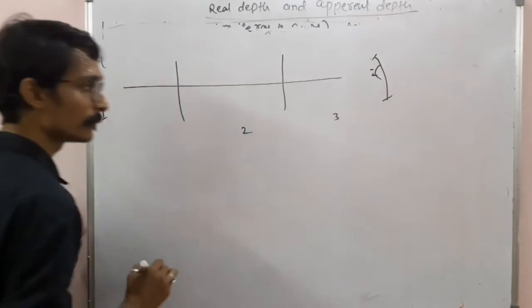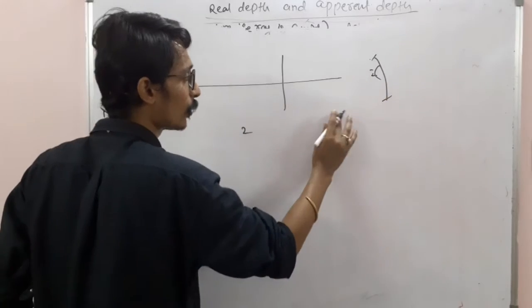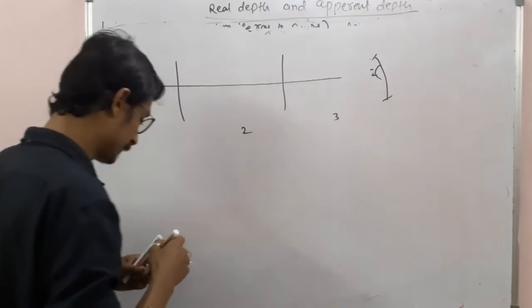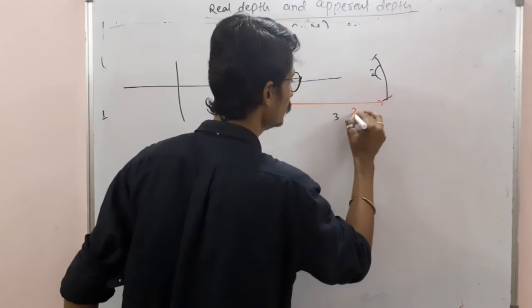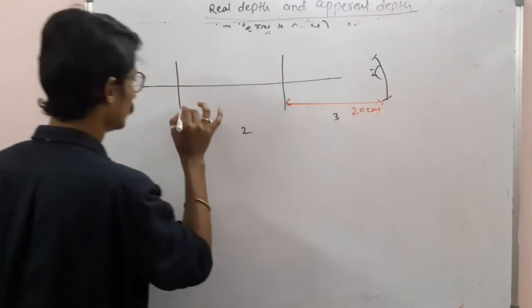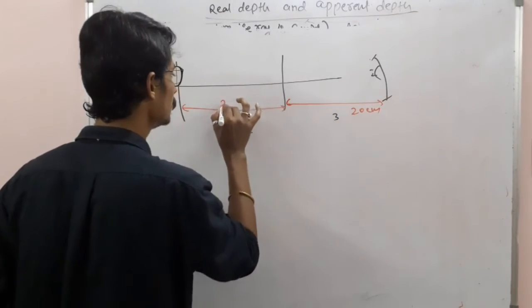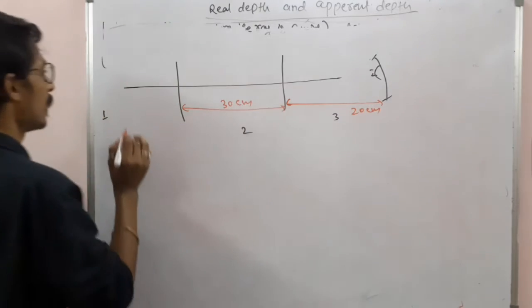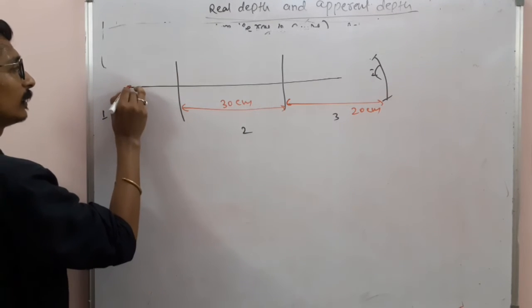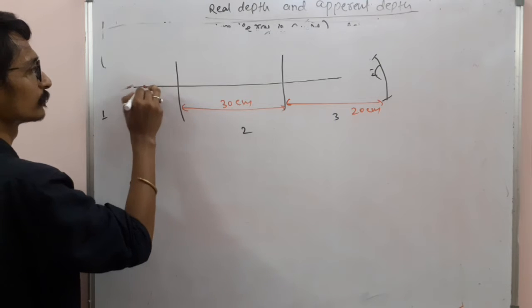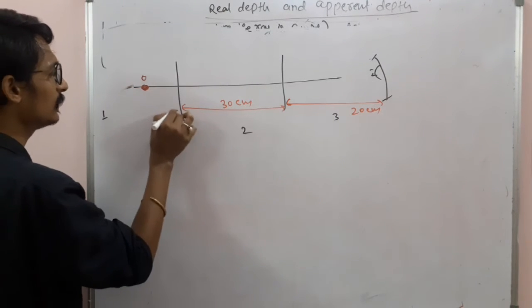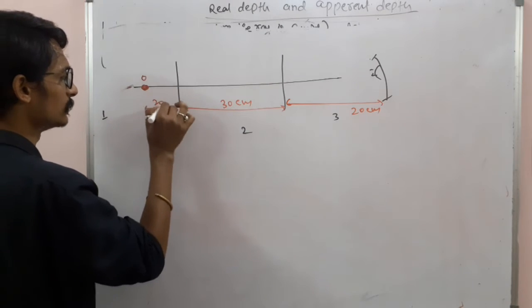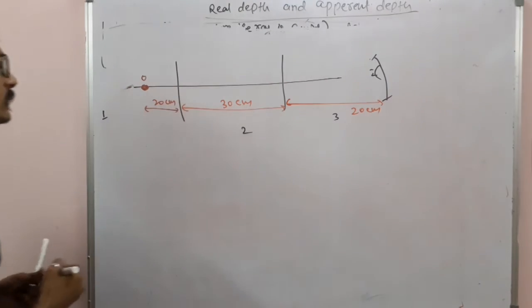This distance from the observer to this medium I am taking as, let it be, suppose 20 centimeter. This one let it be 30 centimeter. And an object, a coin, is kept at this position. And this is also 20 centimeter.